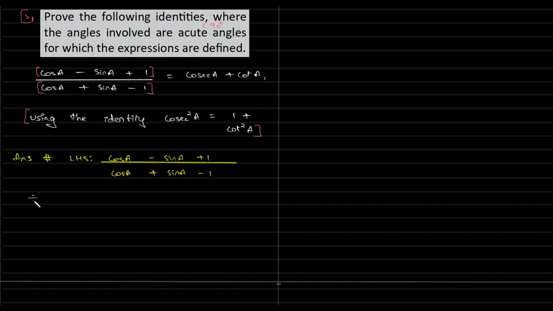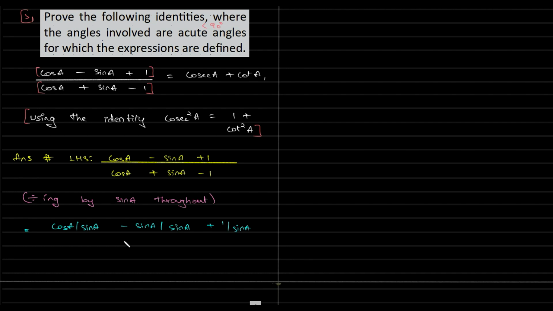So we'll divide by sin A throughout. That is, we are dividing both the numerator and denominator basically. So if I divide throughout, it will be balanced. Mathematically, it's balanced. Cos A by sin A minus sin A by sin A plus 1 by sin A, right?